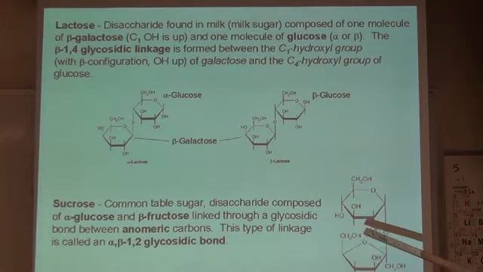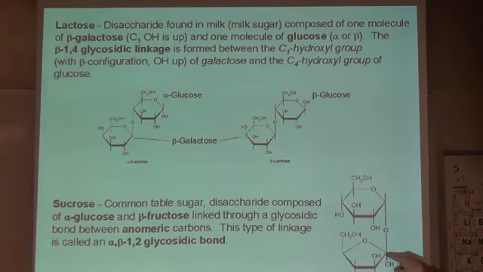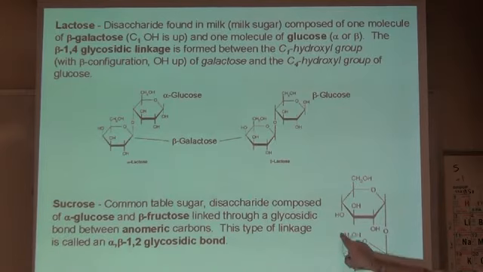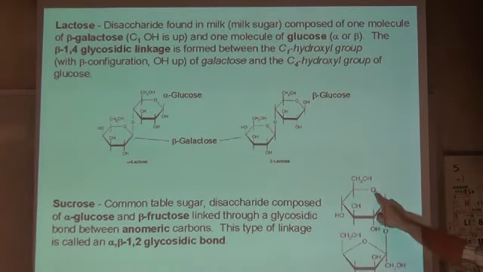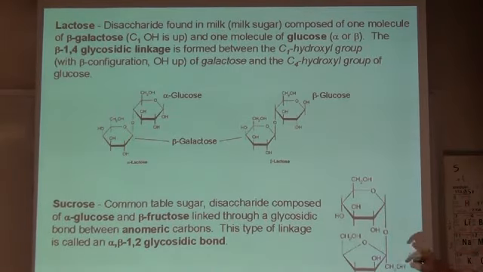It's a ketose, right? So this is actually carbon number 2, because here's carbon 1. 1, 2, 3, 4, 5, 6. This is carbon 2. But up here, this is carbon 1. So this is an alpha beta 1,2 glycosidic linkage.